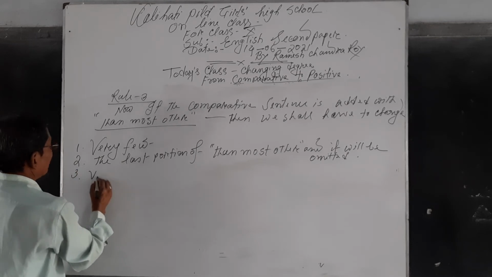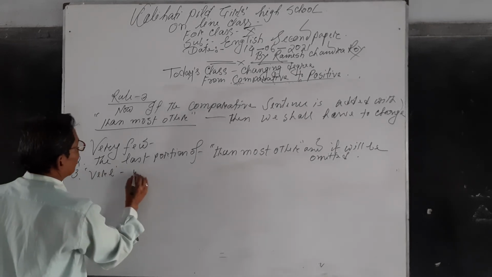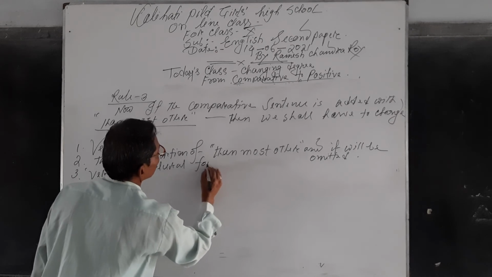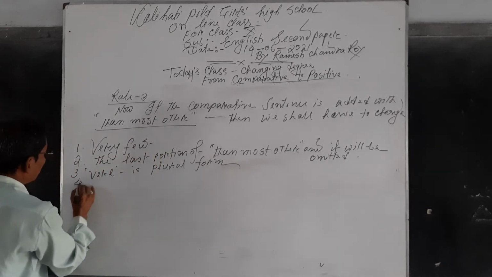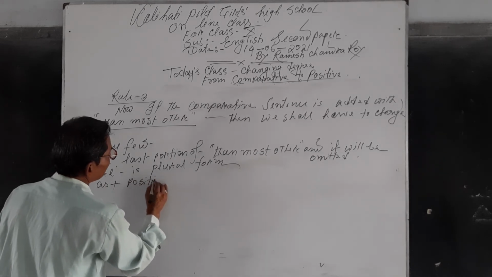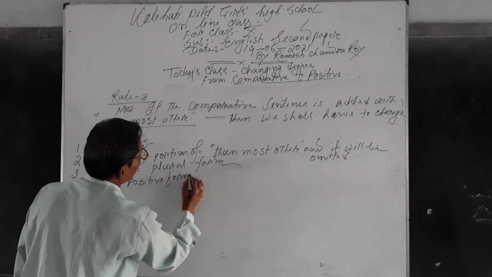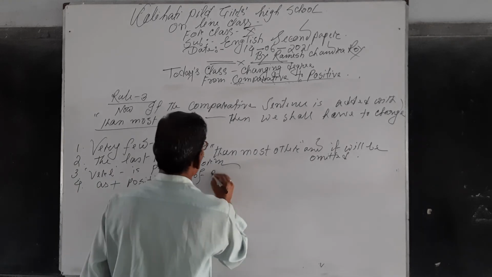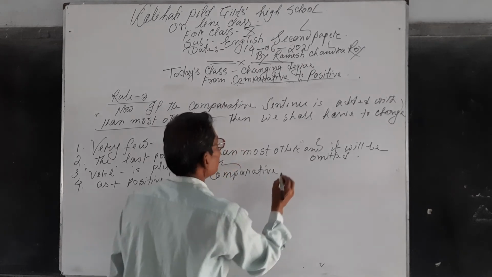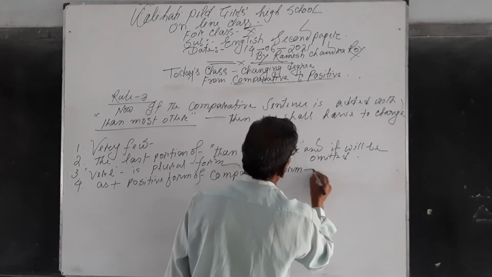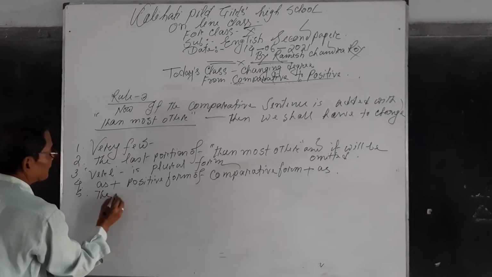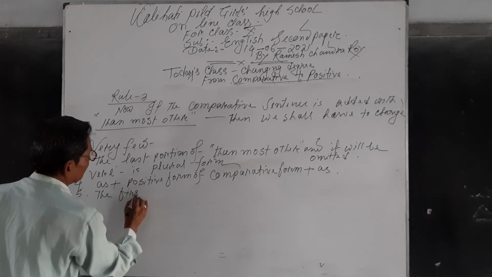Number three, verb in plural form. Number four, as plus positive form of comparative form, plus as. Number five, the first subject.